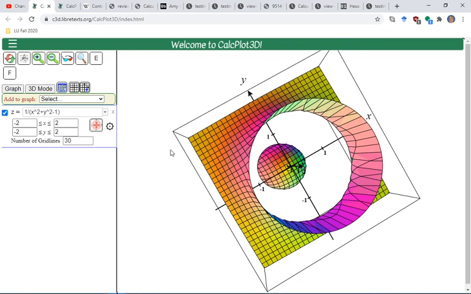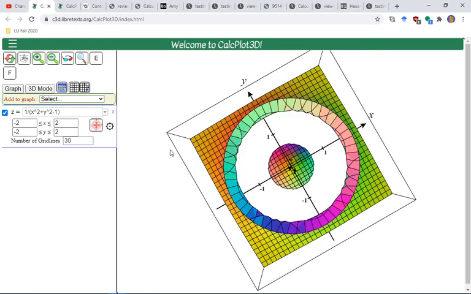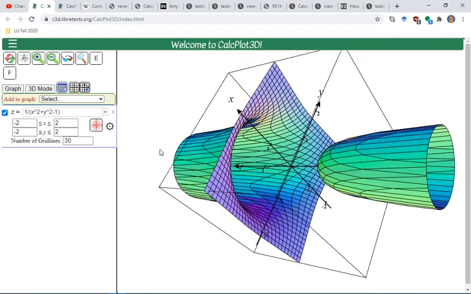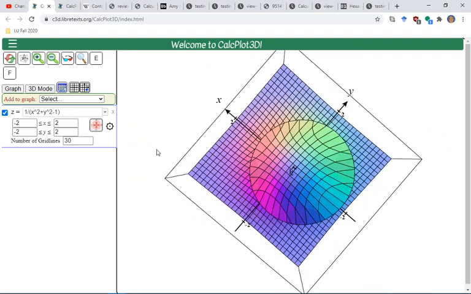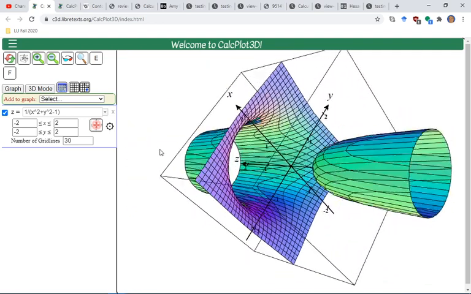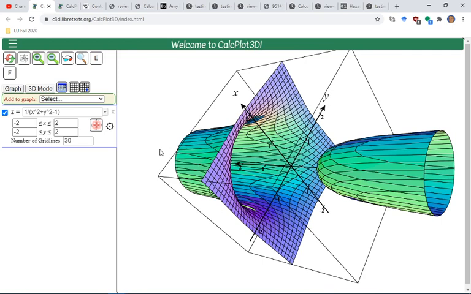On that circle, you kind of see it from here, or let's see it from here. On that circle, the function jumps to infinity. In fact, it goes from plus infinity to minus infinity, and that creates a rupture in the surface and a splitting of your graph.